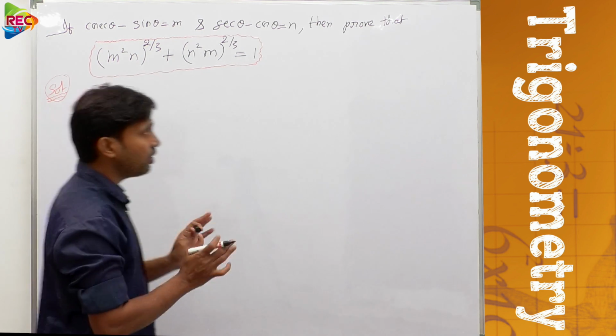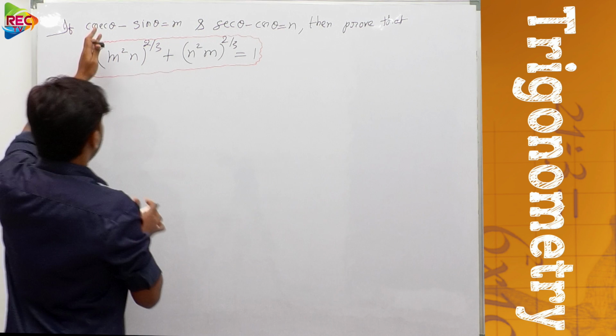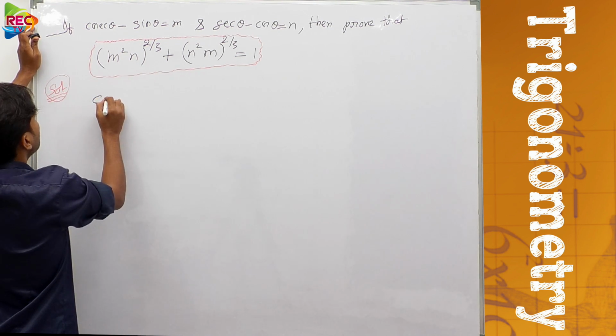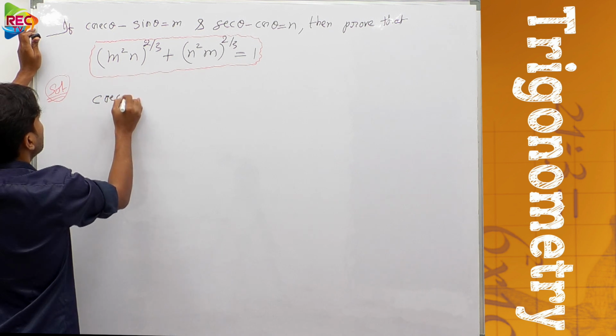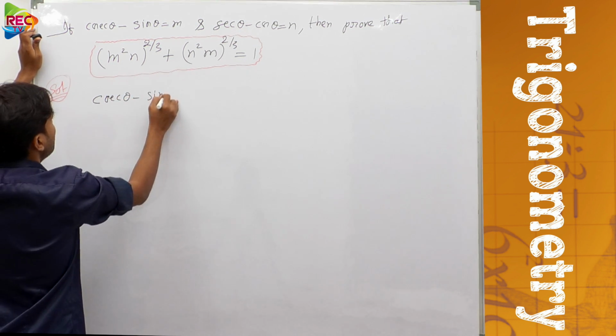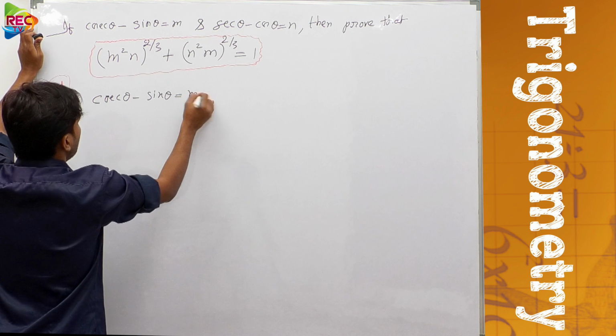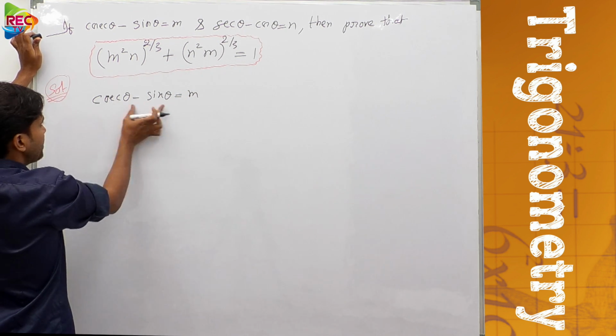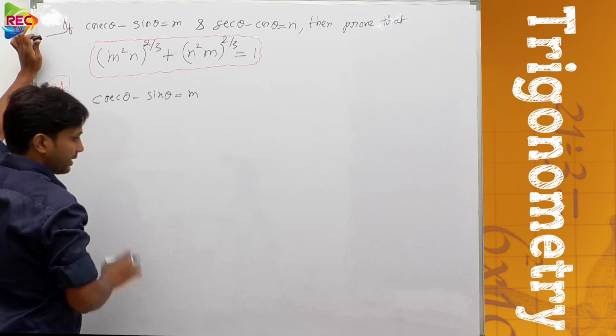Now how to find it out? Take the first condition: cosecant theta minus sin theta equal to m. Here we have the terms of this equation in cosecant theta and sin theta.